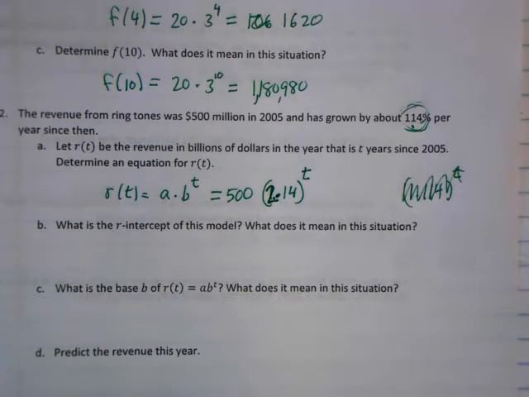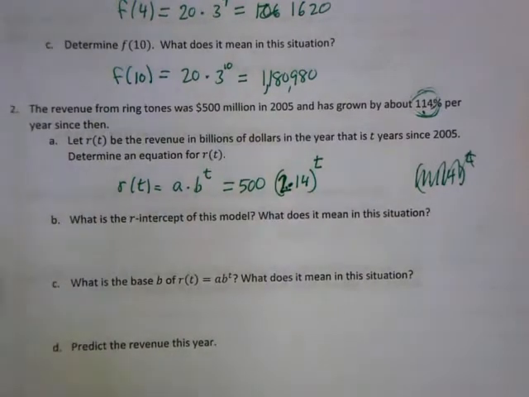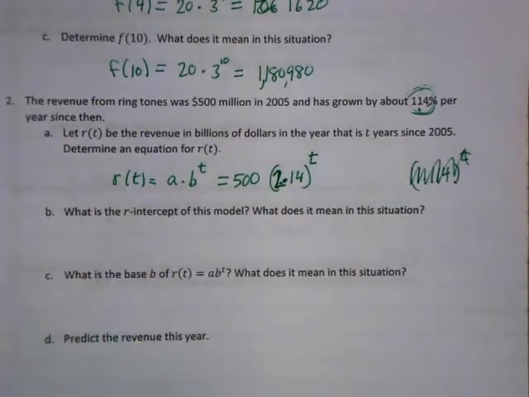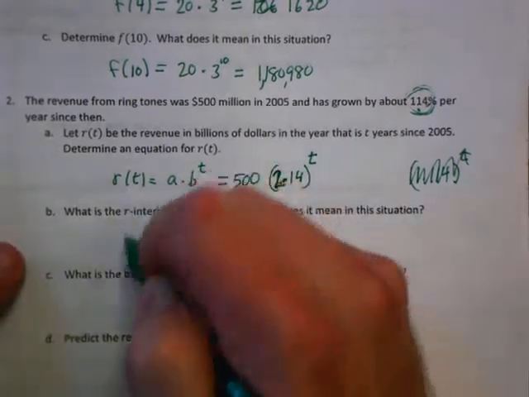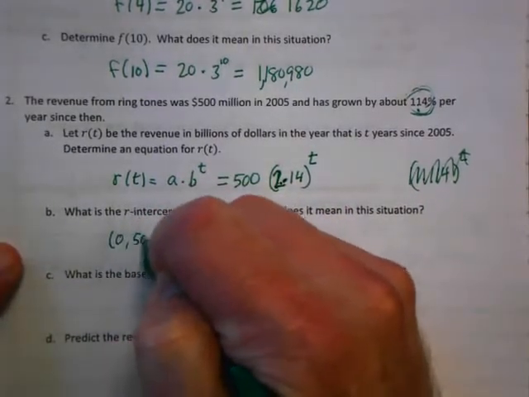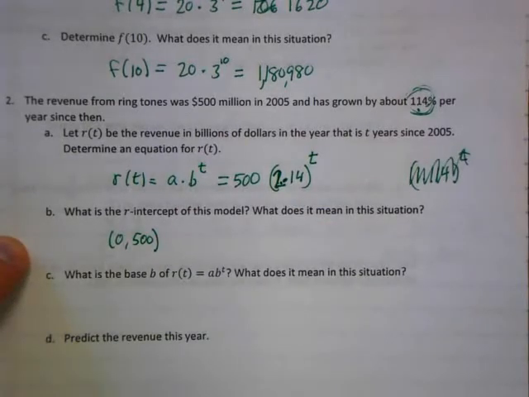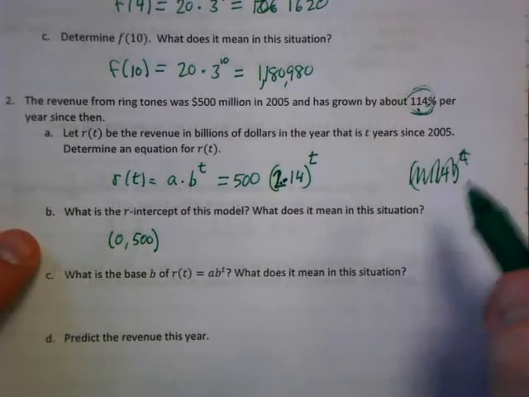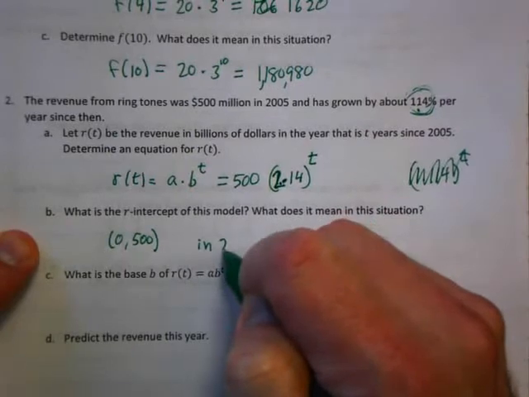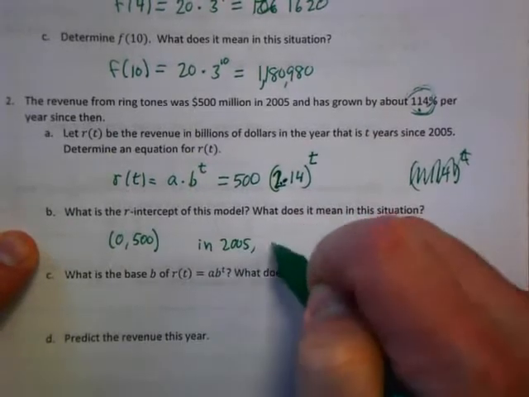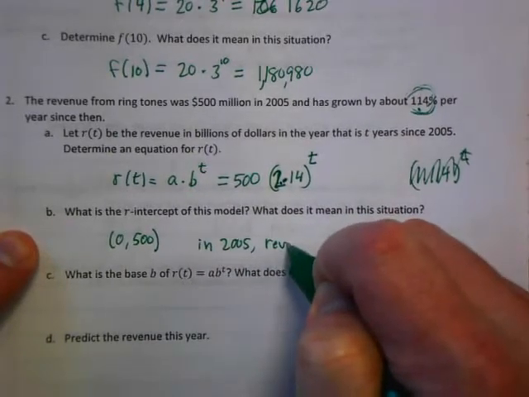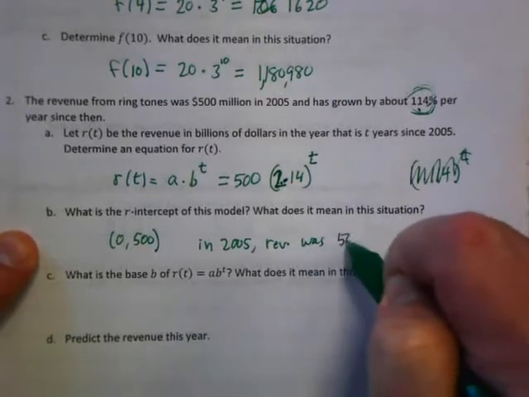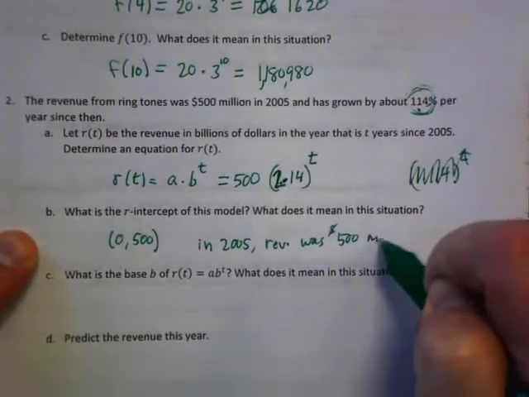All right, and then it asks some questions. I think we've pretty much already answered them. What is the R-intercept? (0, 500). What does it mean? In 2005, revenue was $500 million.